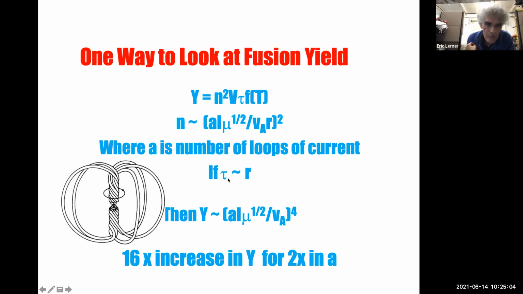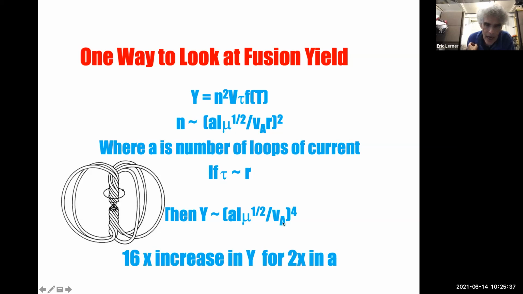If we assume the tau, the confinement time, goes approximately as R, and there is a lot of experimental evidence and also theoretical reasons to believe this is true, then you get that yield goes as I to the 4th, as A to the 4th, and this term is basically a constant.